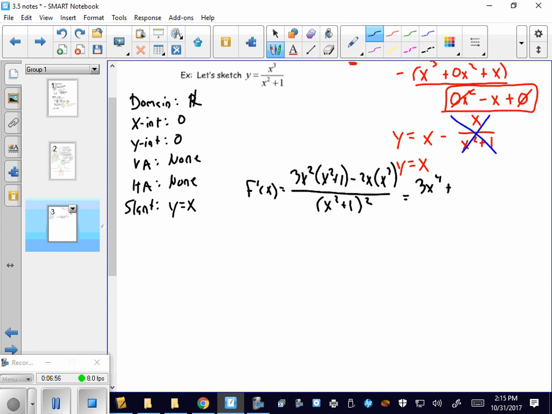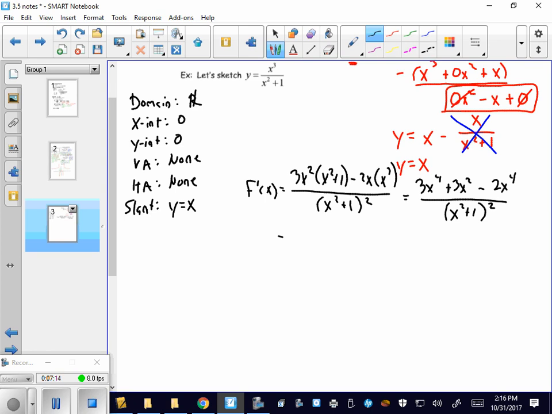Simplifying, 3x to the 4th plus 3x squared minus, what is that, 2x to the 4th? Did I write that right? Yeah, 2x to the 4th over x squared plus 1 squared.